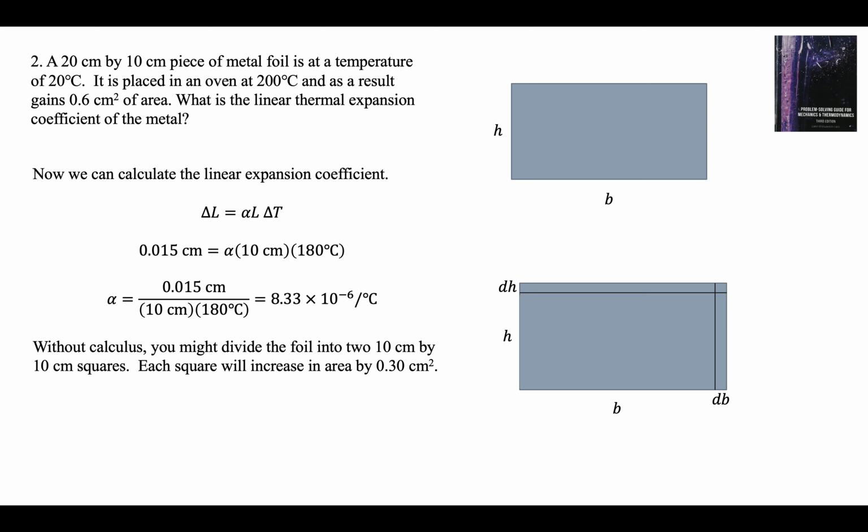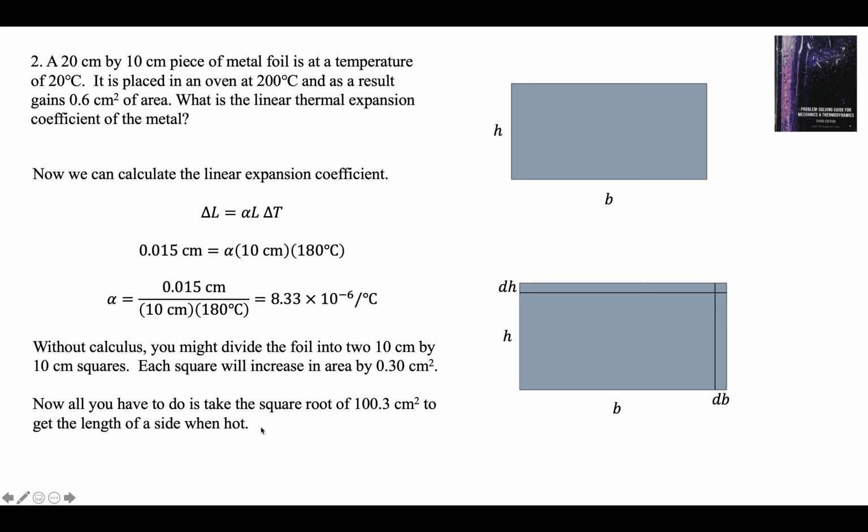Without calculus, you can say, all right, I'm just going to divide this into two squares. Two 10 by 10 squares. Since the total change is 0.6, the change in each is going to be 0.3. So now I have 10 by 10, which is 100, and my new area is 100.3.